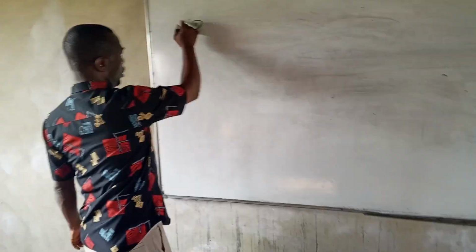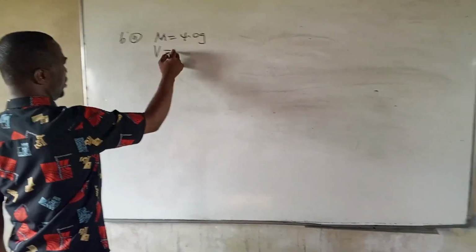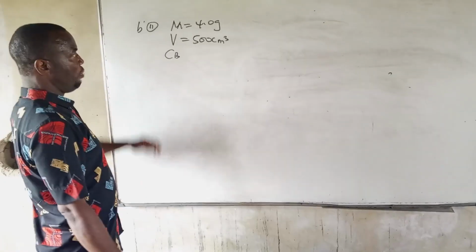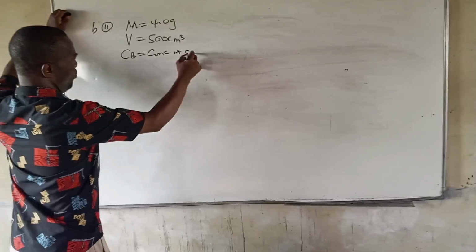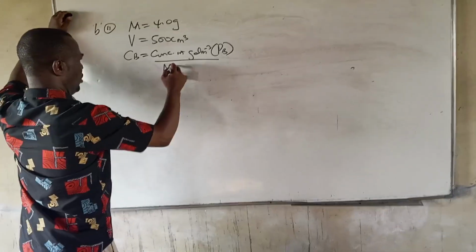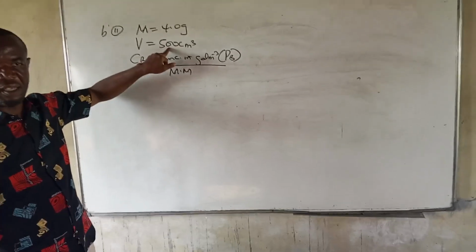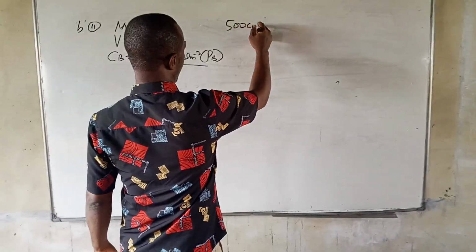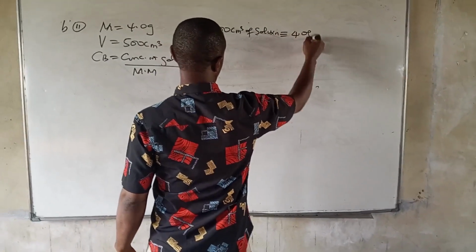So for this question 2, the mass of B is 4.0 grams. The volume is 500 cm³. We're looking for our CB. To get our CB, we have a mass, so we apply concentration of B in gram per dm³, which we can call rho B, all over the molar mass of B. Now, the concentration in gram per dm³ is the mass present in 1000 cm³. Now 500 cm³ of solution contains 4 grams.